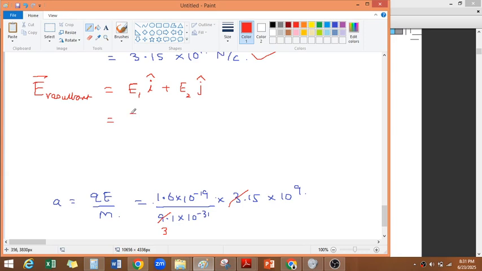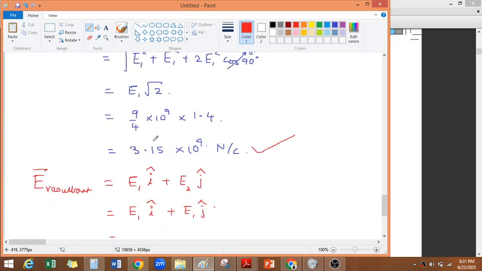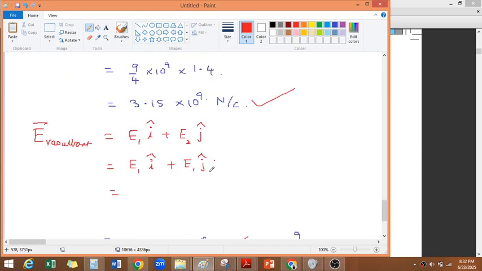So that means E1 into I plus E1 into J. E1 we already found as 9 by 4 into 10 power 9. So 9 by 4 is 2 point something, 2.25 into 10 power 9, I plus J. You may have a little bit of trouble here, but basically it's very simple.